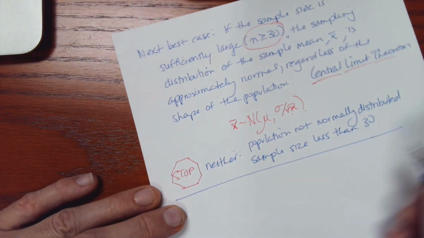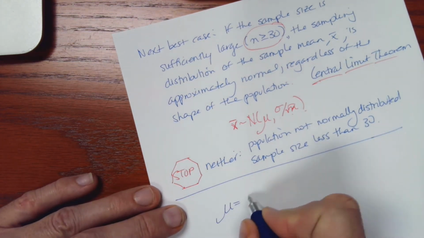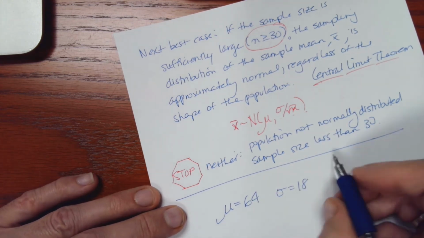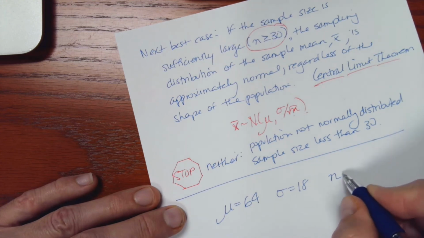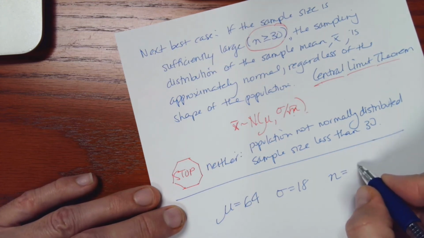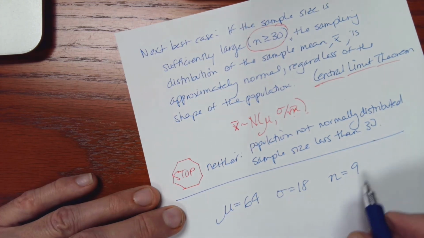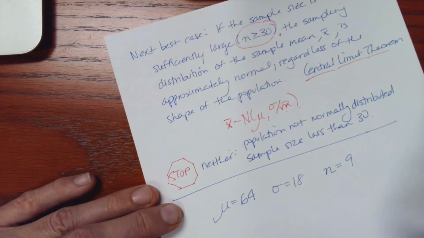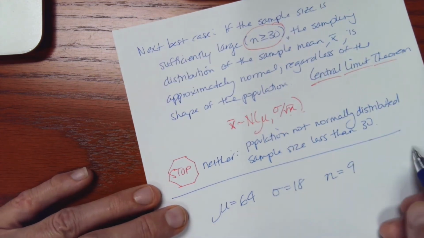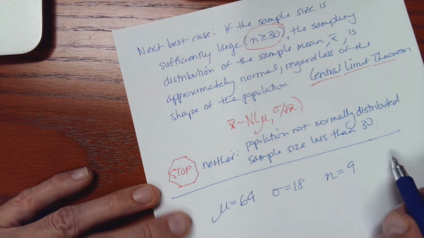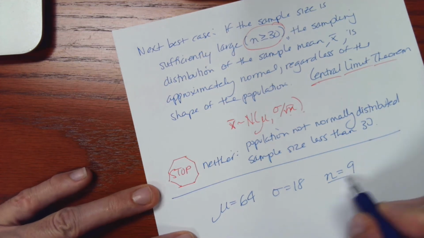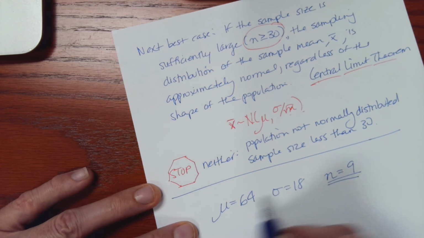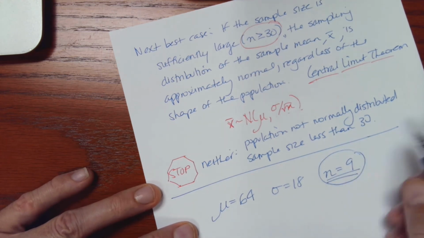Let's say that you have a mean of 64 and a standard deviation of 18, and you're taking samples of size 9, and we don't know the shape of the population. Well, in that case, because our sample size is small, we'd have an issue. If I don't know anything about the shape of the population, with this sample size, it's problematic.